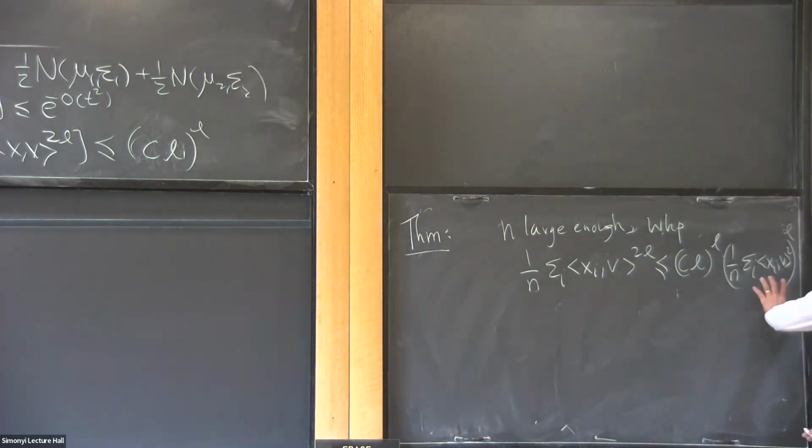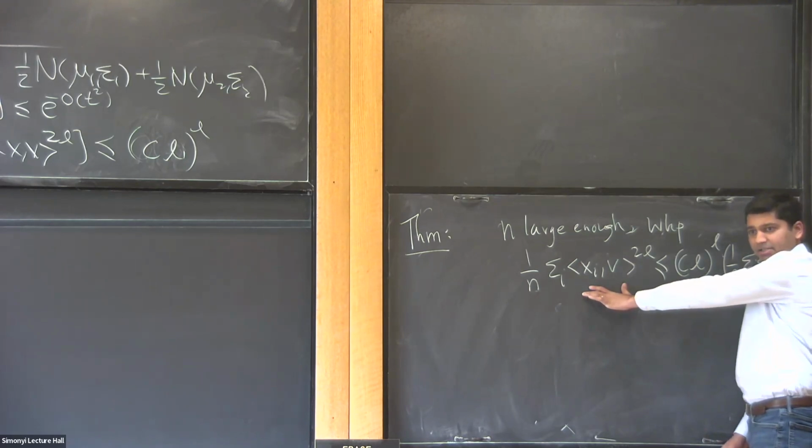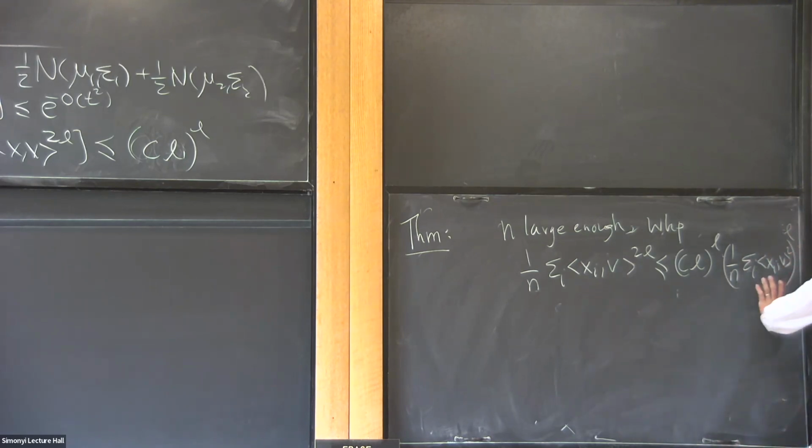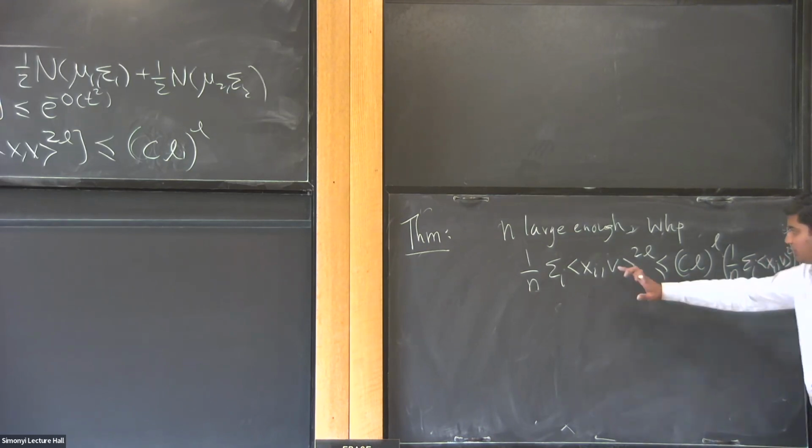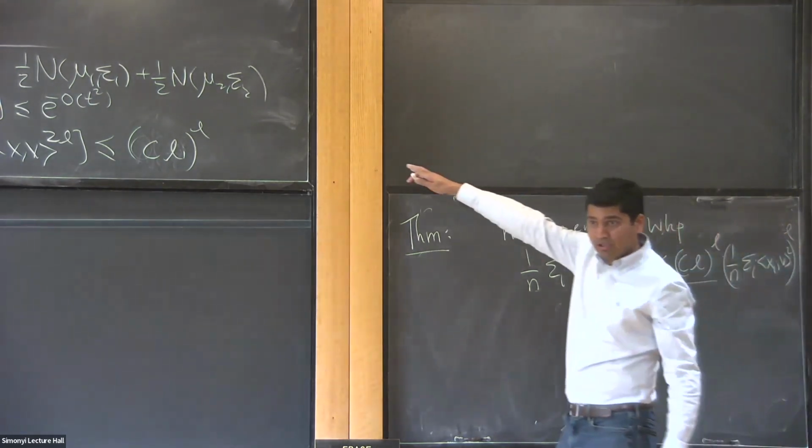on the right-hand side, I have the empirical second moment to the L. On the left-hand side, I have the 2Lth moment, right? In general, this is tinier than this. But I'm saying that this is not too much larger. It's larger by at most C L to the L, which is a fact that holds in distribution.